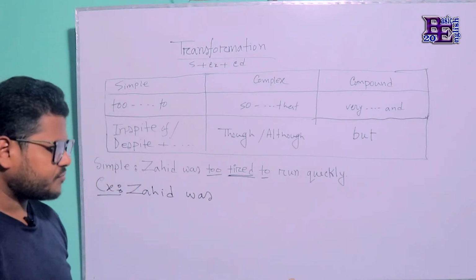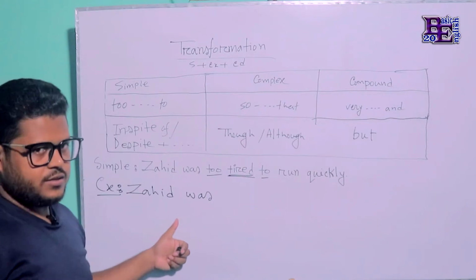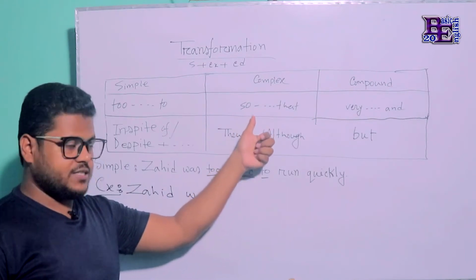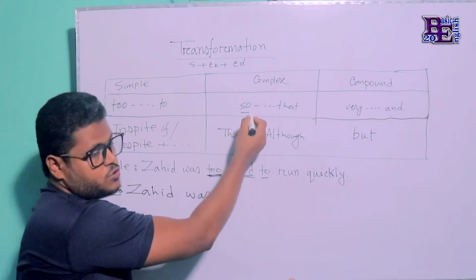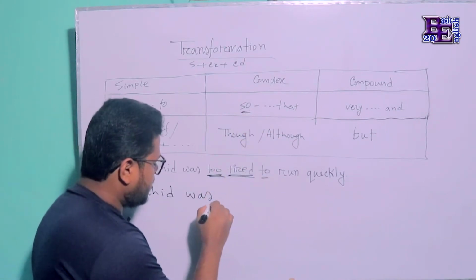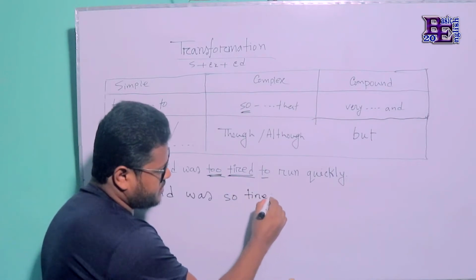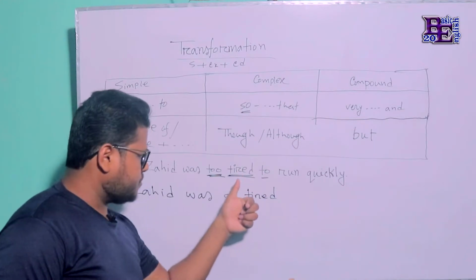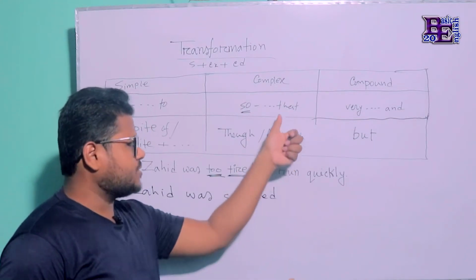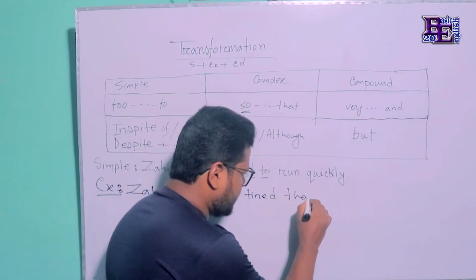As we are transforming this into complex, see the rules of complex. At the place of too we have to use so. So we have to write Zahid was so tired. Here the adjective is tired. Okay, and at the place of to we have to use that. That is, so tired that.